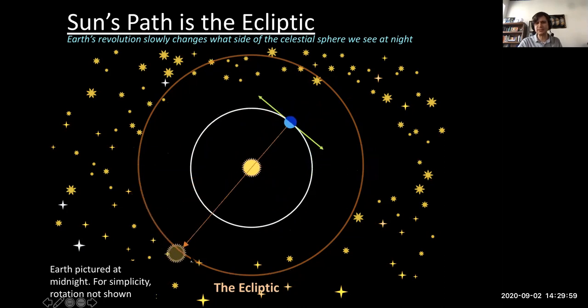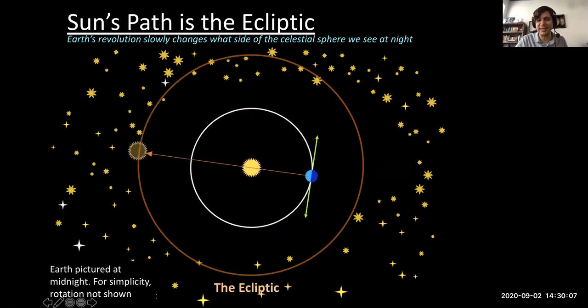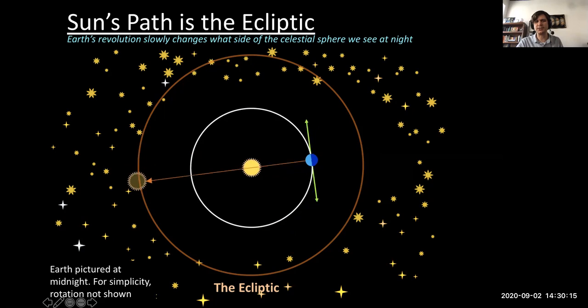This path that the sun takes through the stars on the celestial sphere over the course of a year is what we call the ecliptic. So just a good word to know, this orange line represents the ecliptic. It's the path that the sun is taking through the stars as the Earth makes its motions around the sun.